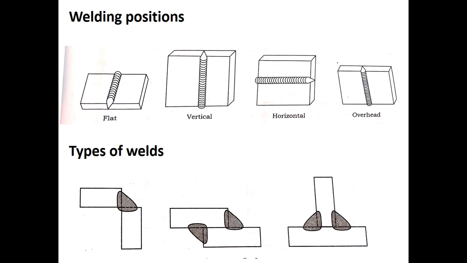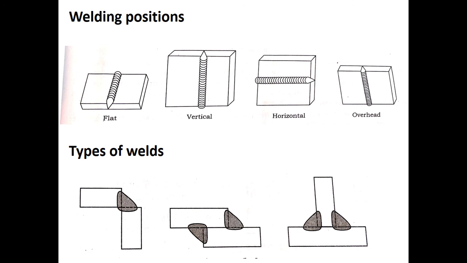Okay, now this is how the welding is made. You can do a flat welding, vertical, horizontal as well as overhead. All these represent the different welding positions to obtain a weld joint.